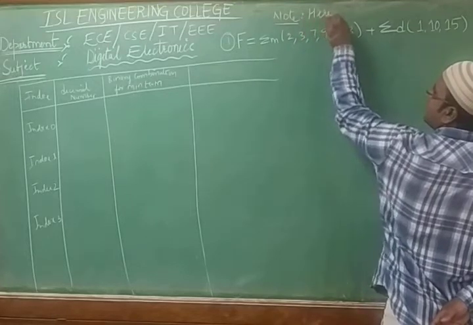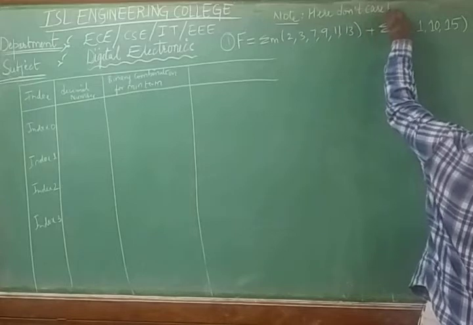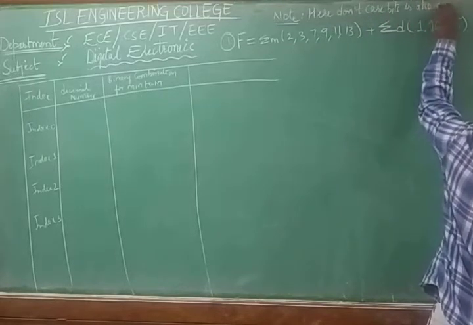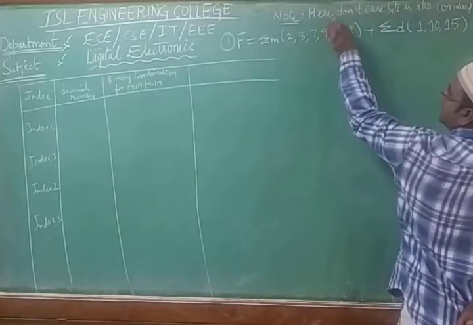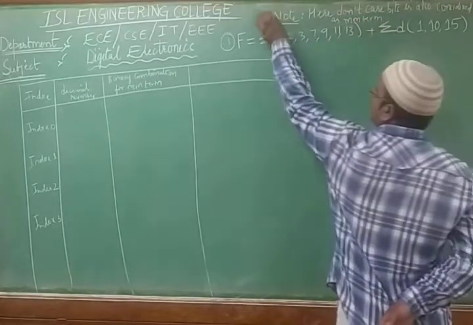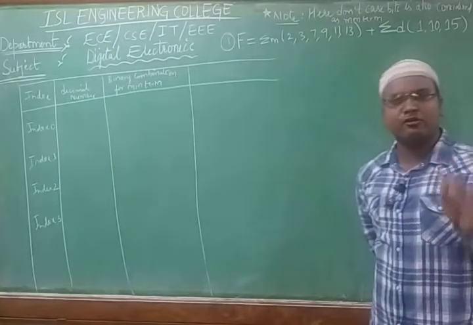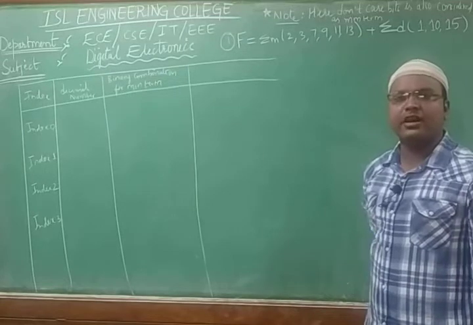Make a note of it: don't care bits are also considered as min terms. That is a very important point that you need to keep in your mind. In K-map, for don't care we put a cross mark, but here don't care bits also you need to consider while you write the tabular method.